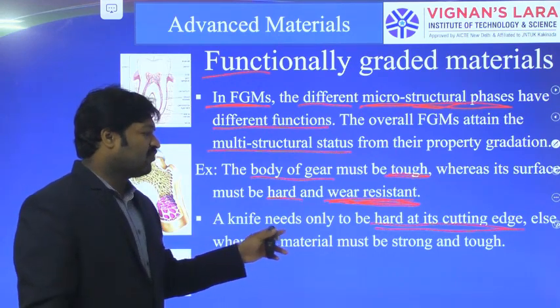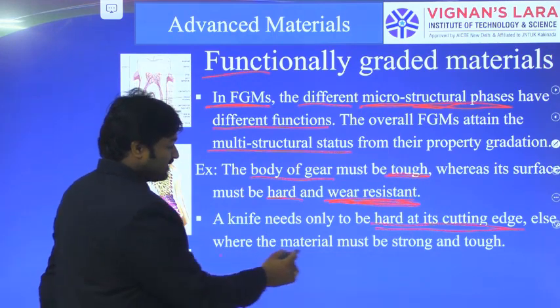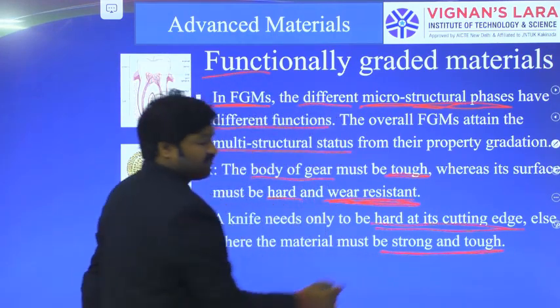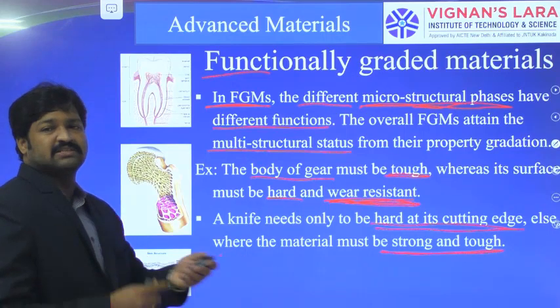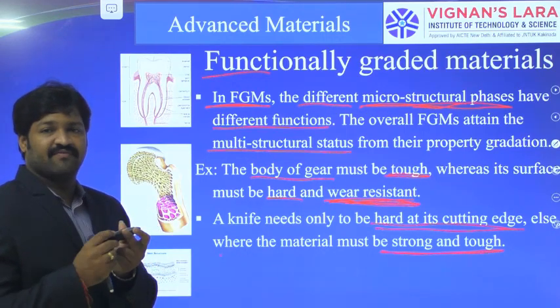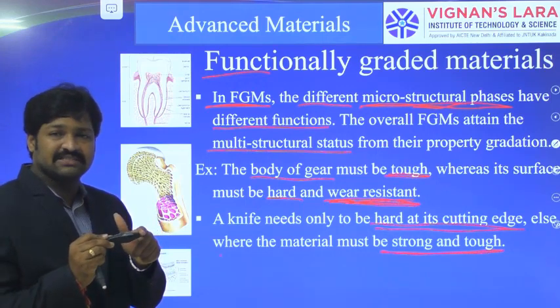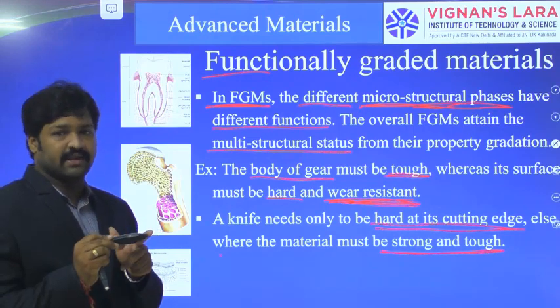The knife needs to be hard only at its cutting edges; elsewhere the material must be strong and tough. The sharp edges are supported with more material, which should be strong to give good support to the cutting edges. The cutting edge should have high hardness to avoid wear.